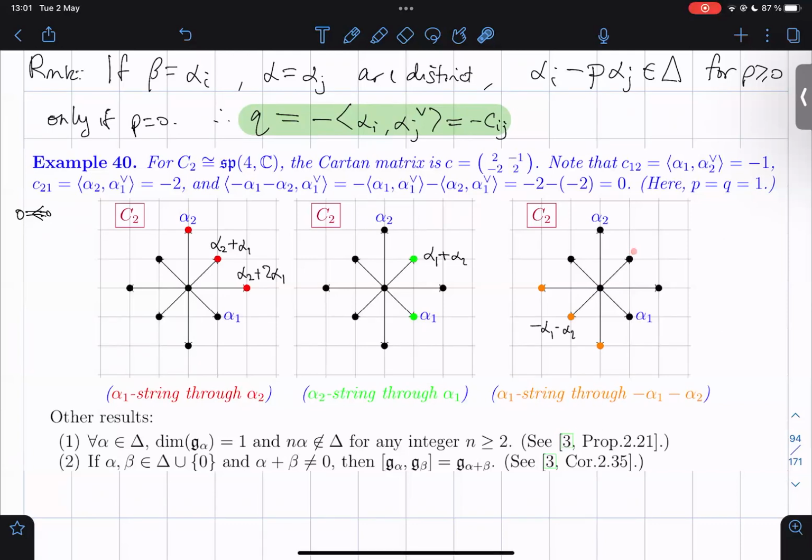If I take a root vector over here, bracket it with a root vector over there, then you get something non-zero over here. We see just by vector addition that this plus this is equal to that, and that's indicative of what's happening at the bracket level, because of this equality, you're actually getting something non-zero.